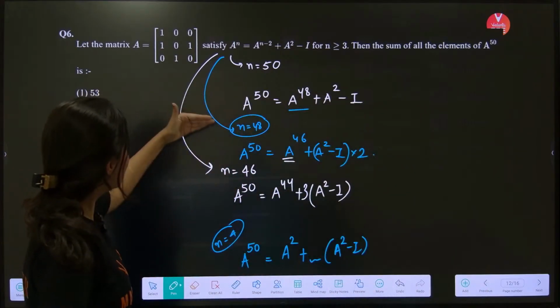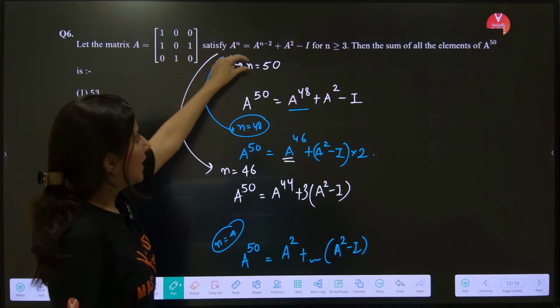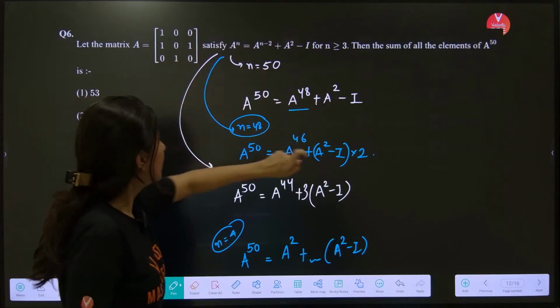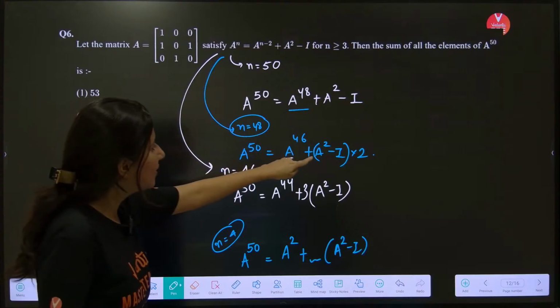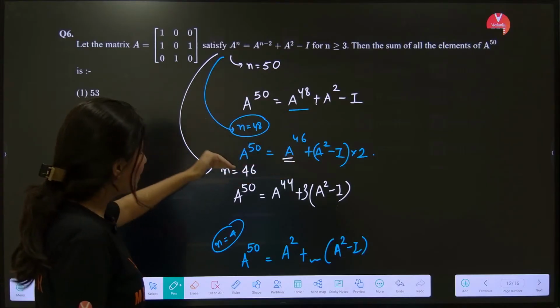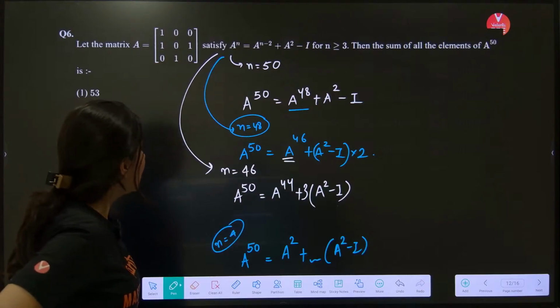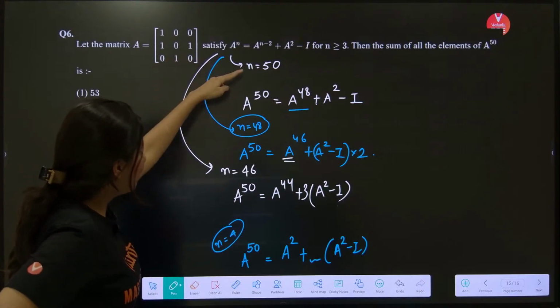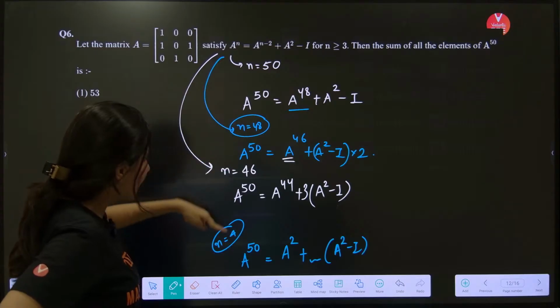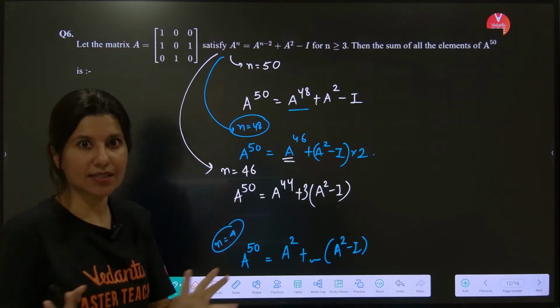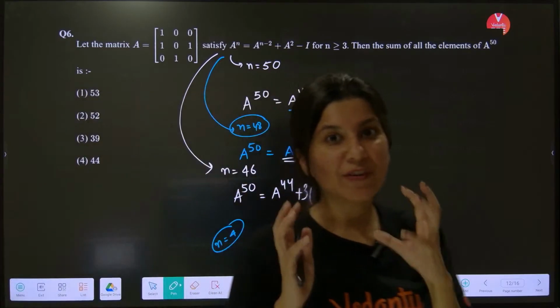Okay, so understand, you put n is equal to 50, there was 1. You put n is equal to 48, there was 2. N is equal to 46, 3. So just think about how many numbers, 50, 48, 46 till 4. There are 50 total numbers.